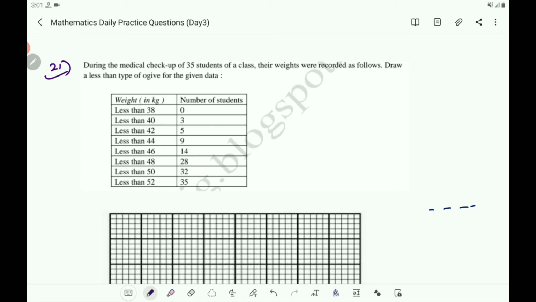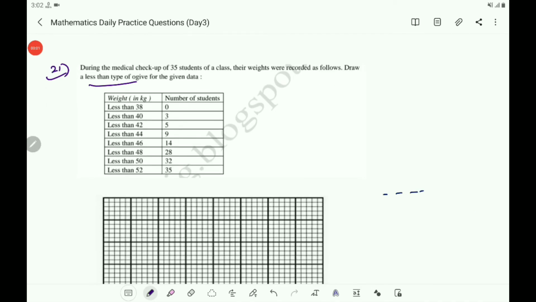Here what is the type of ogive? That is the less than type ogive, and the less than distribution is given. Here we have to take the weight, and the lower limit is given here. Lower limit weight is on the x-axis, and the number of students, which is nothing but cumulative frequency, on the y-axis.